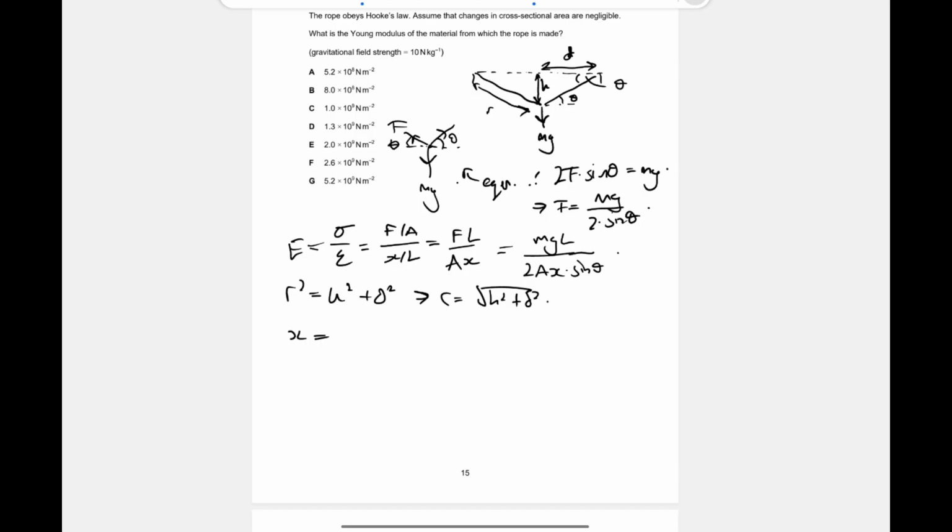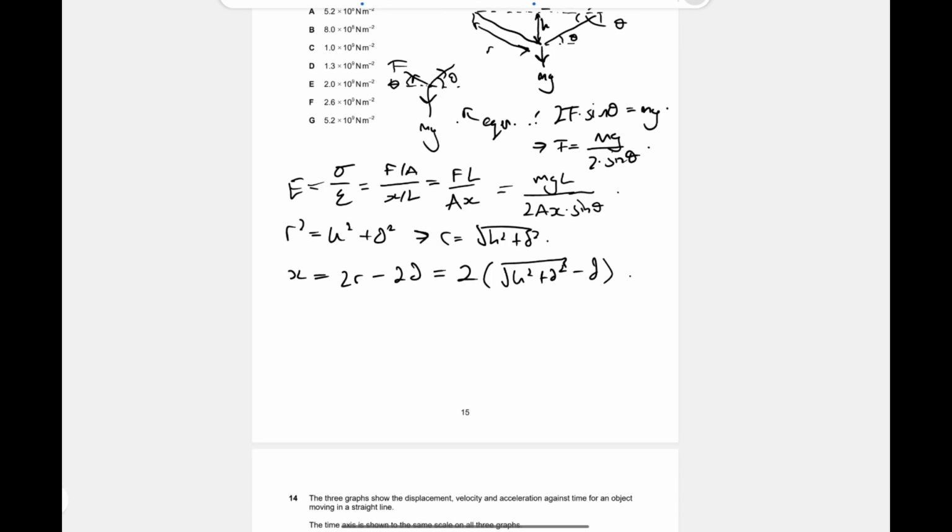So the extension is going to be the new length, which is 2R, minus the original length, which is 2D. So that's going to be 2 times root H squared plus D squared minus D.